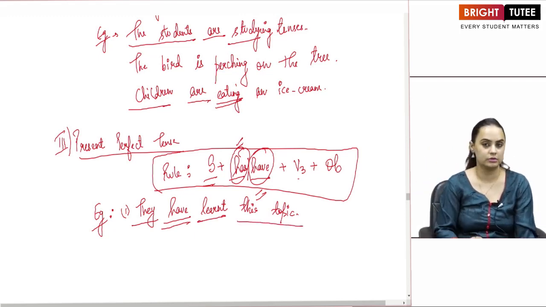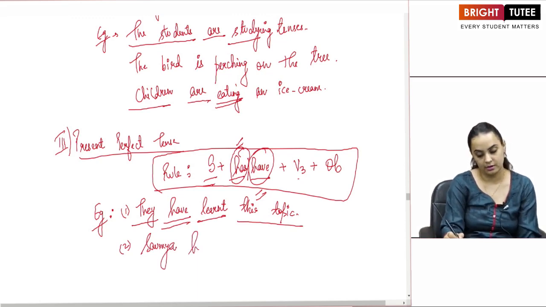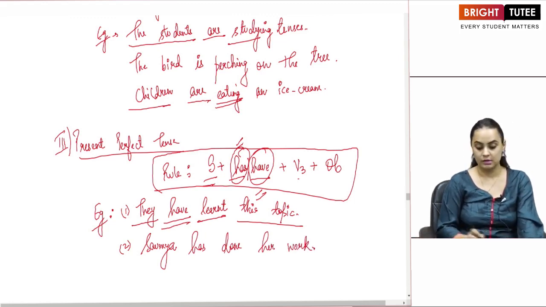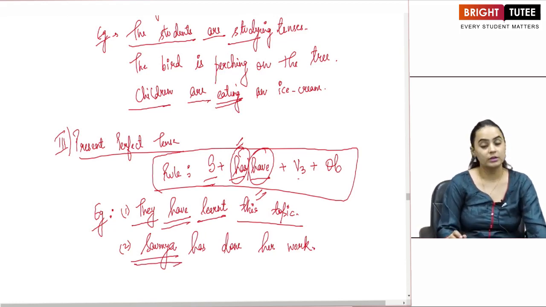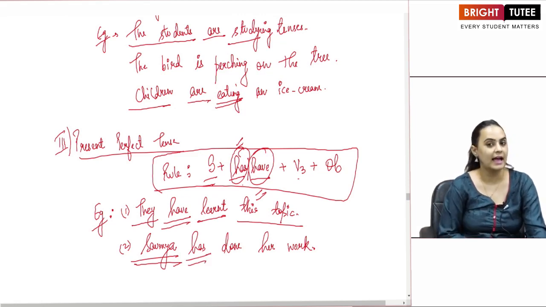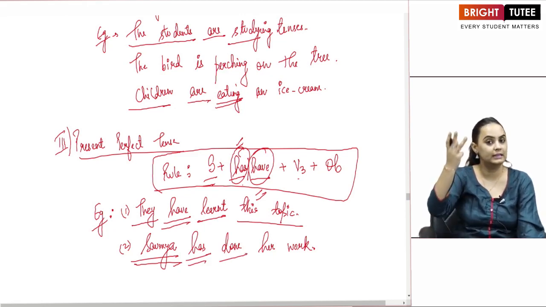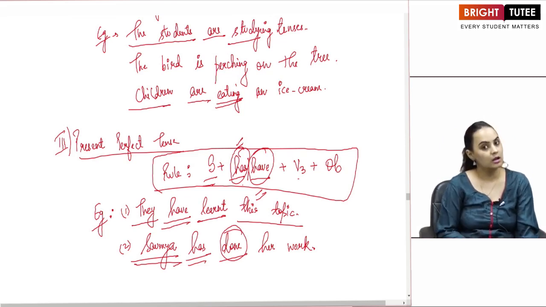If I give you another example, Soumya has done a work. So, what is my subject? My subject is Soumya. What is to follow? If my subject is singular, I will be using has. And then the third form of the verb, so do, did, done. The third form is done, so has done her work.